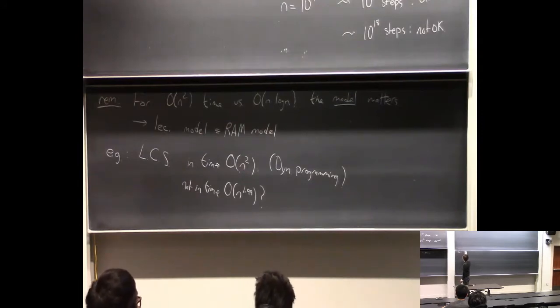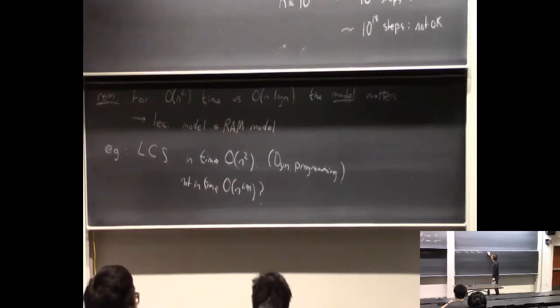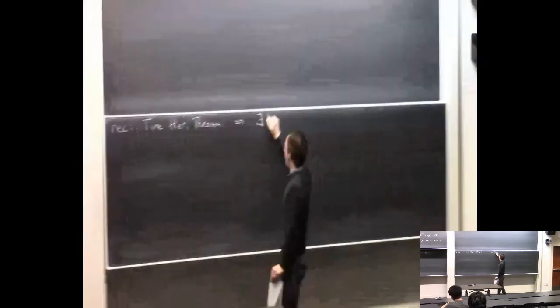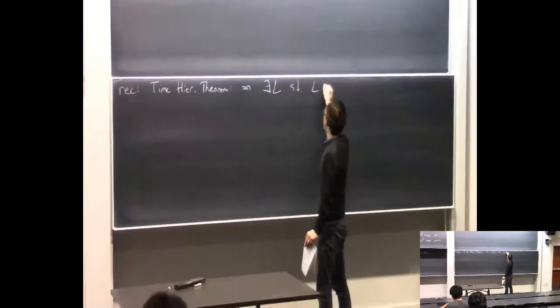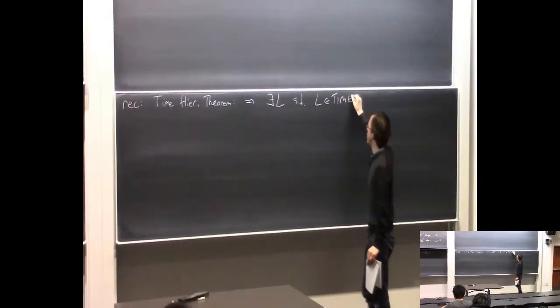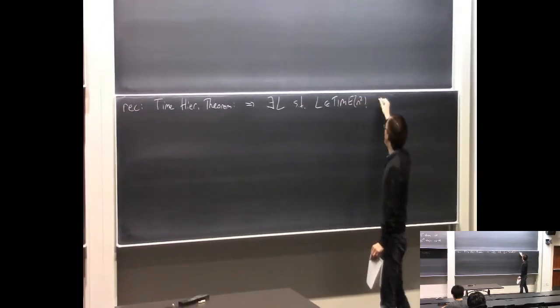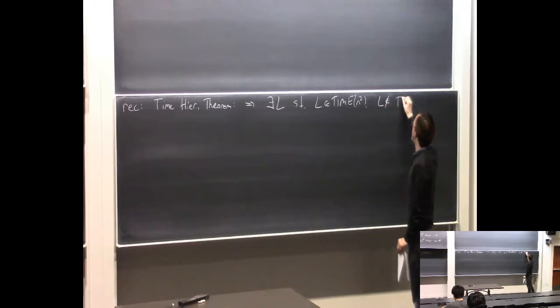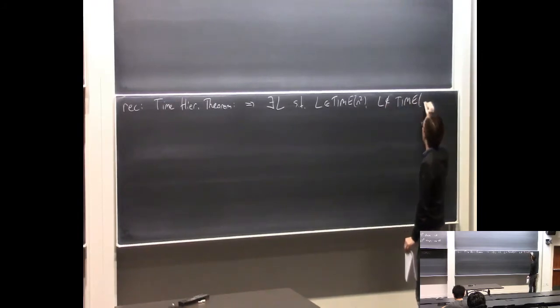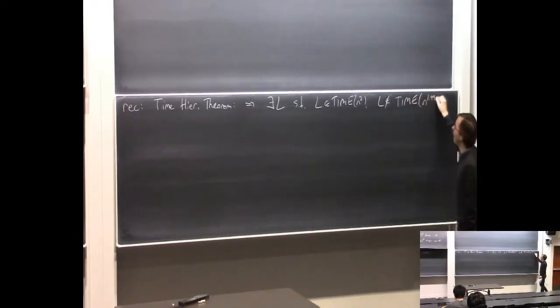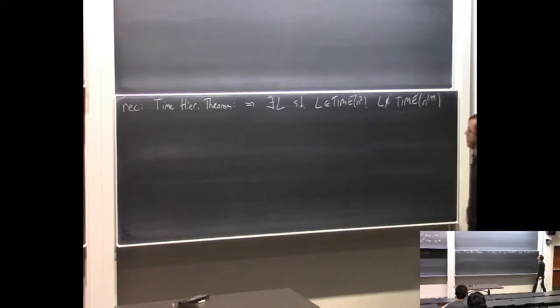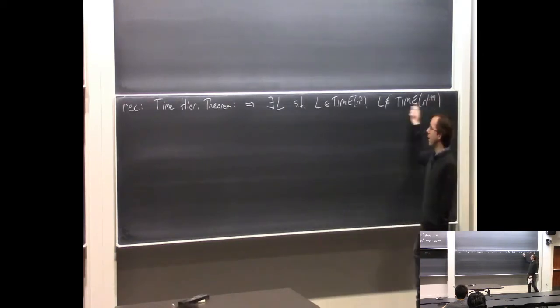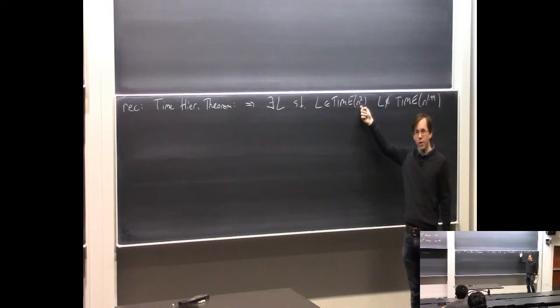We have the time hierarchy theorem, which, for example, tells us that there exists a language L such that L can be solved in quadratic time, but L cannot be solved in time n to the 1.99. This is fine as long as this thing is a little bit less than this over log of this, which it is.